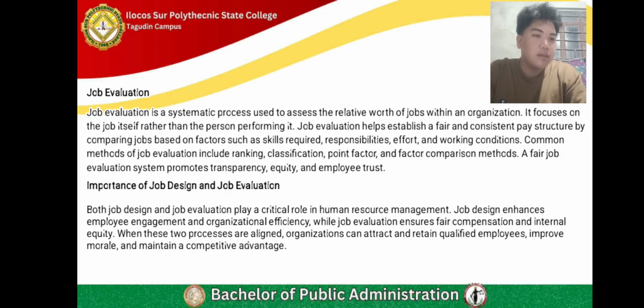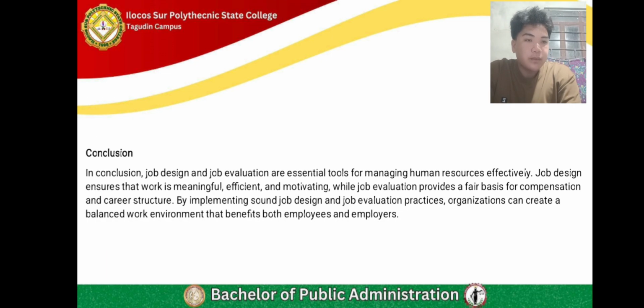Common methods of job evaluation include ranking, classification, point factor, and factor comparison methods. A fair job evaluation system promotes transparency, equity, and employee trust.